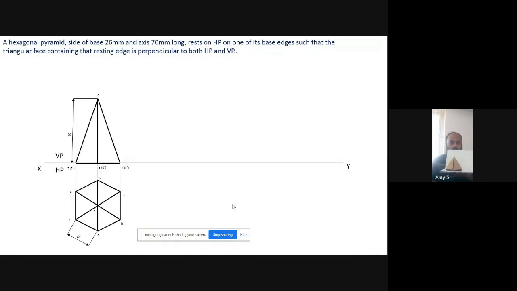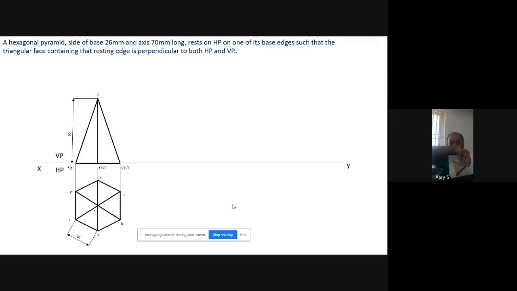Correct? Now it is saying that one of these edges, either this edge or this edge, whichever edge, should be perpendicular to both HP and VP. If I tilt this like this, now what do you think? Is it perpendicular to VP and HP? It is perpendicular to this, and it is perpendicular over here also.